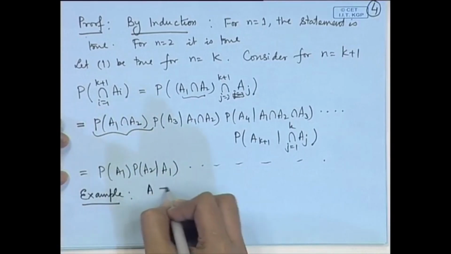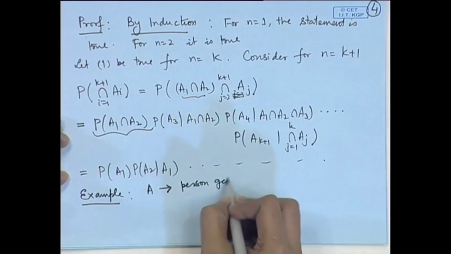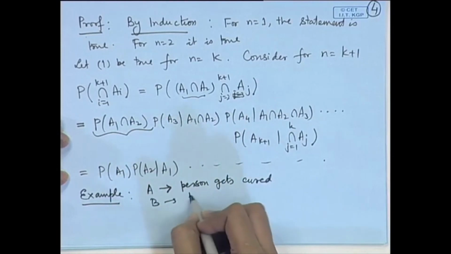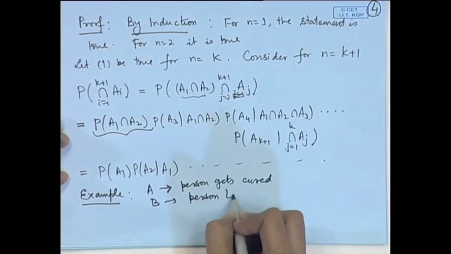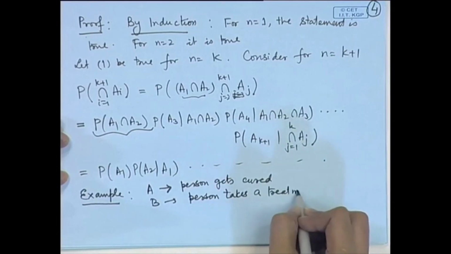Let A be the event that a person gets cured, and B be that the person takes a treatment.